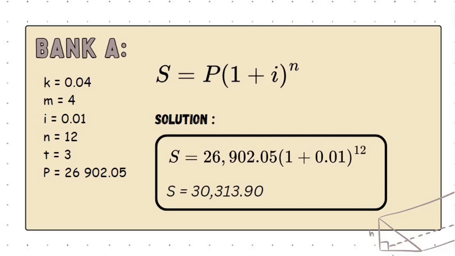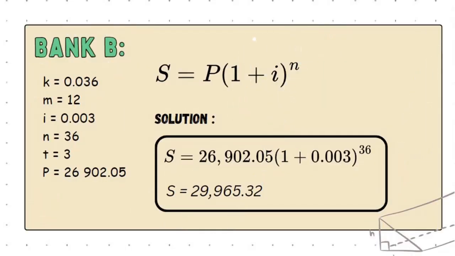For the formula, we use S equals P times 1 plus I to the power of N. For the solution, we input the P amount into the formula: 26,902.05 times the bracket 1 plus 0.01, to the power of 12. So the answer will be 30,313.90.